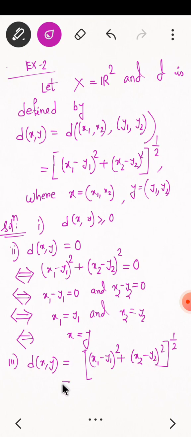This is equal to the square root of (y1 minus x1) squared plus (y2 minus x2) squared. So this is equal to D of yx.